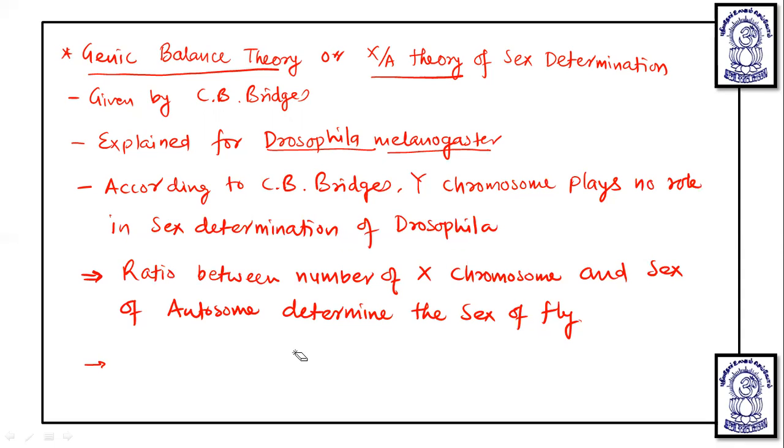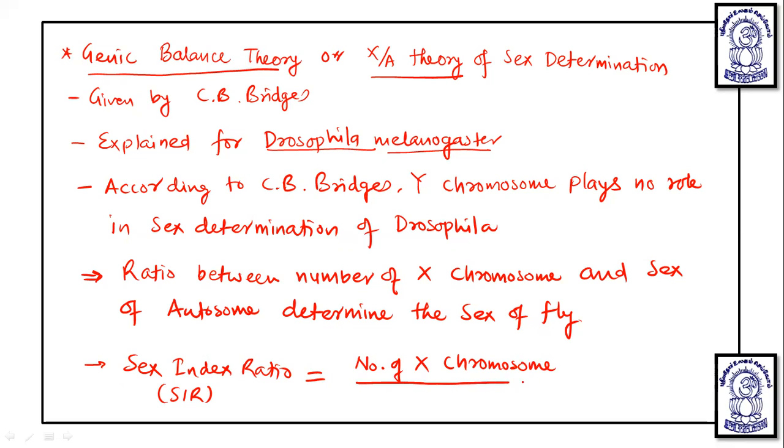So in genic balance theory, this ratio is known as the sex index ratio, also known as SIR, and it is explained as the number of X chromosomes upon the number of sets of autosomes.